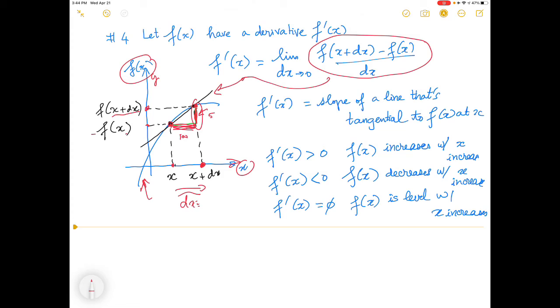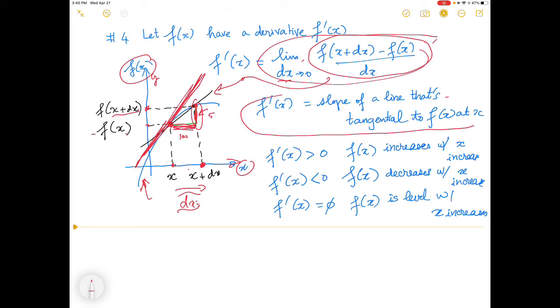The derivative is the definition that when you take the limit, LIM, of this, when you take dx to a very small number, then this line here will become barely touching the curve. So now it becomes this line. That is the definition of the slope of the line that is tangential to f of x at the point x. Tangent meaning it is touching in such a way that it touches only one point.